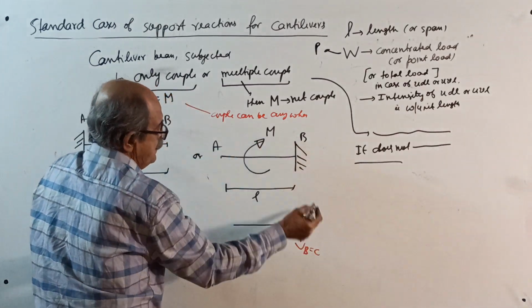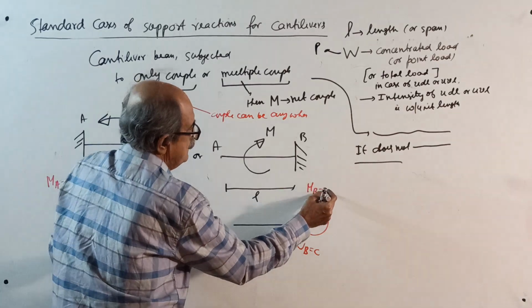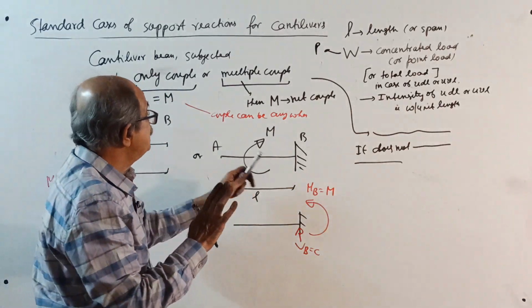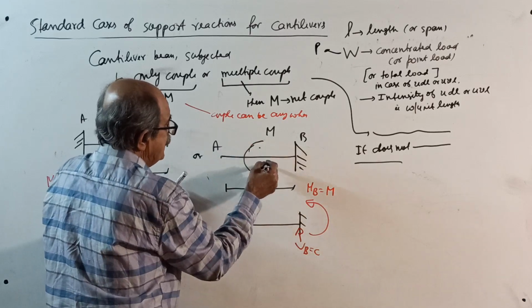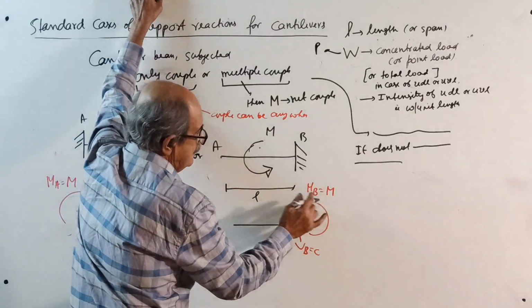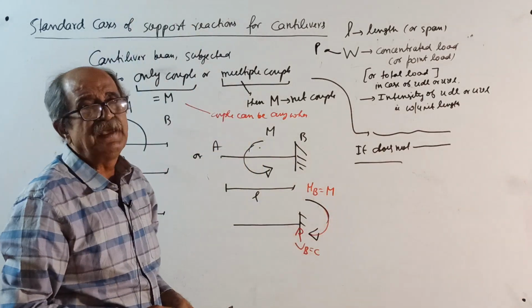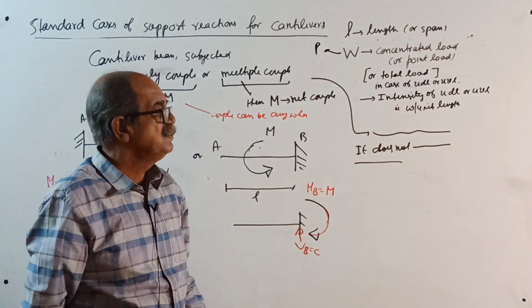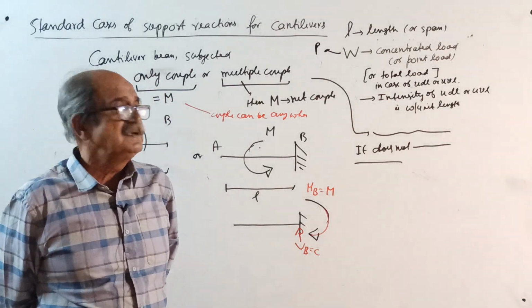If it is clockwise, reacting moment MB will be anti-clockwise, equal to M. Then write once again, if the couple is anti-clockwise net couple M, then it is a clockwise reaction of M. Couple can be anywhere. It can be a single couple or any number of couples. Okay, this will complete the standard cases for support reaction.